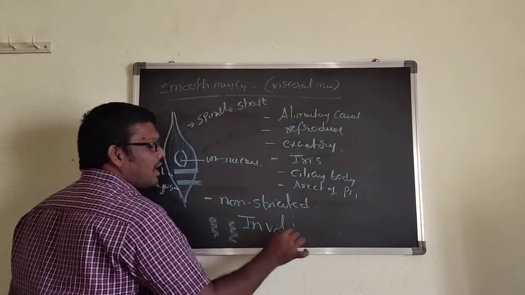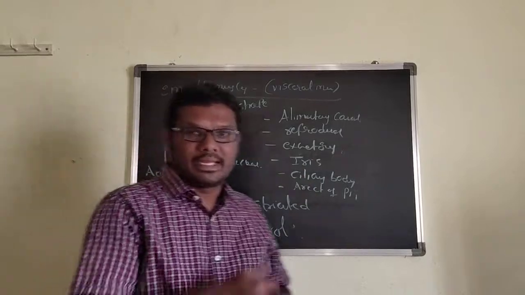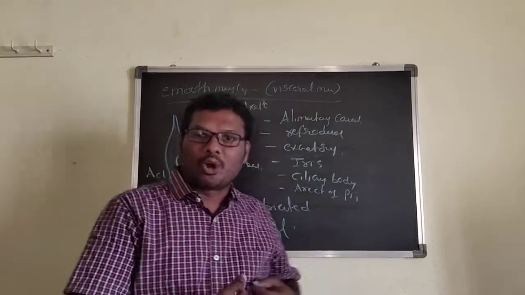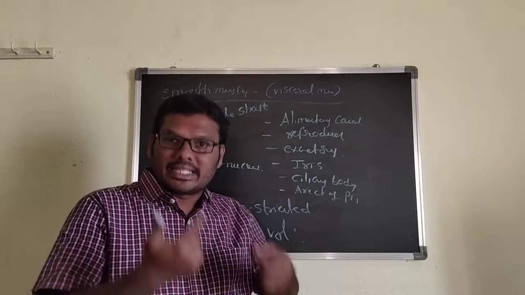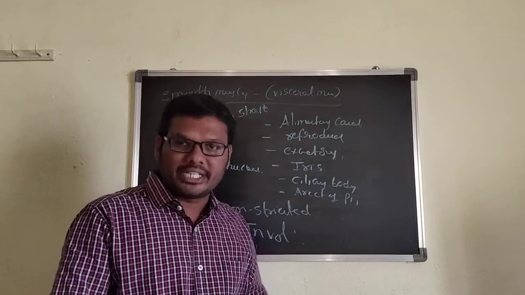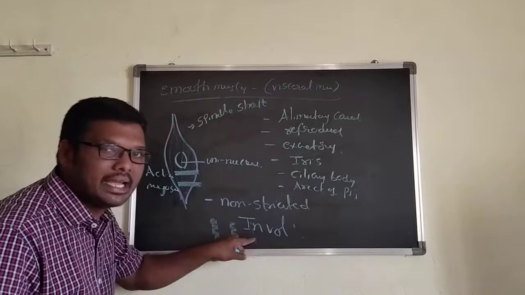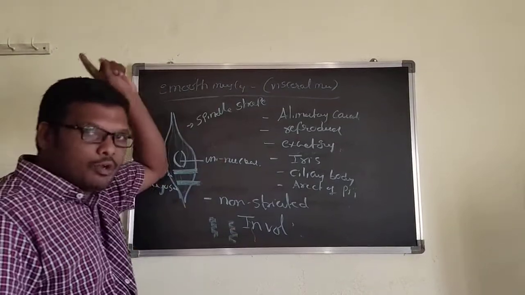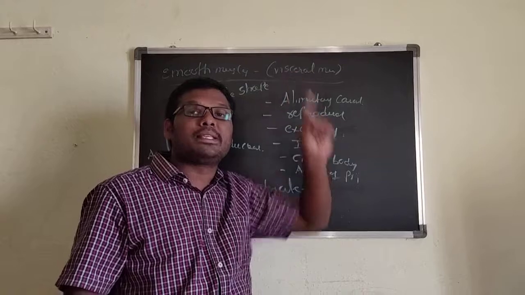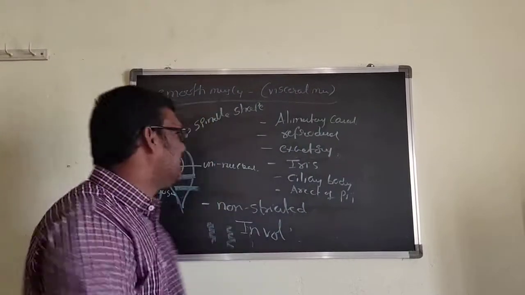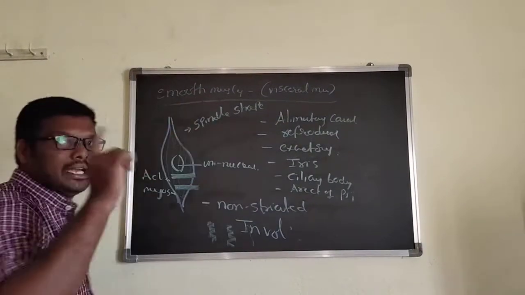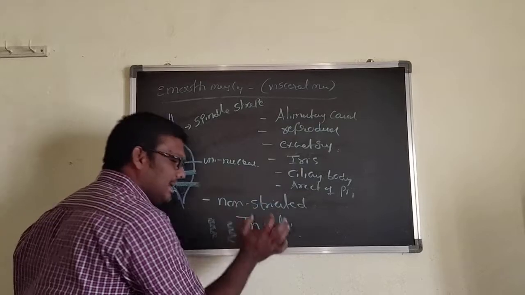It is involuntary in function. Suppose the contraction and relaxation of the stomach and intestine, is it under our control? It is not under our control, so it is of what nature? Involuntary nature. Skeletal muscle is striated voluntary, and smooth muscle is non-striated involuntary.